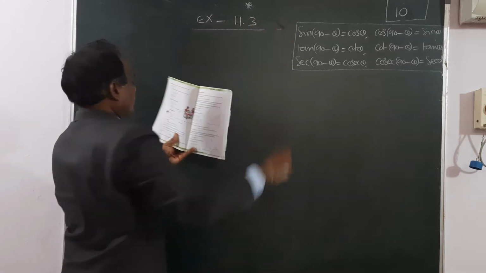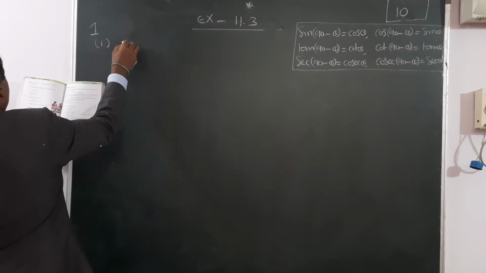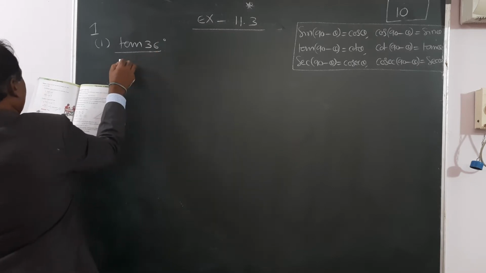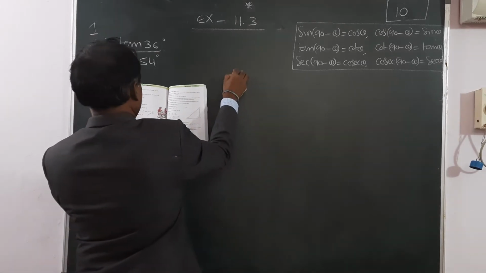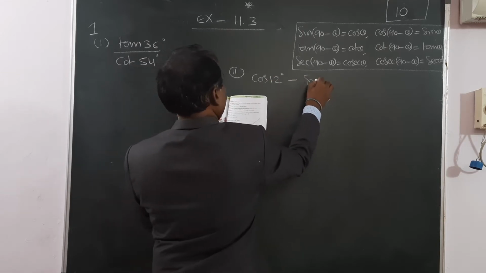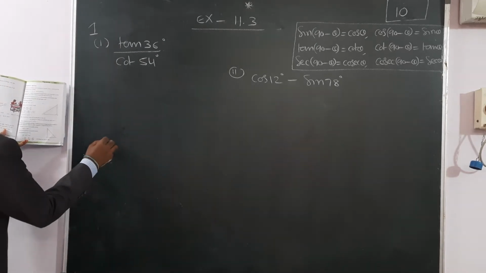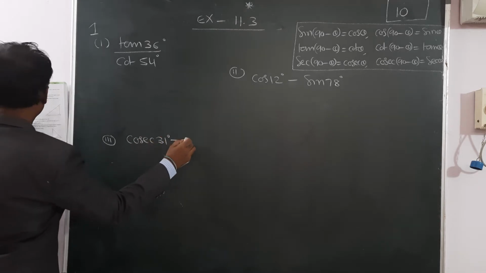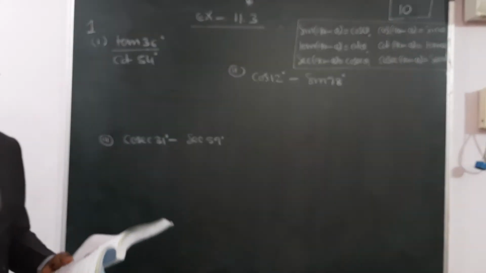See the textbook, exercise 11.3, first question, first bit. Simplify tan 36 degrees by cot 54 degrees. And the next one: cos 12 degrees minus sin 78 degrees. Same concept.